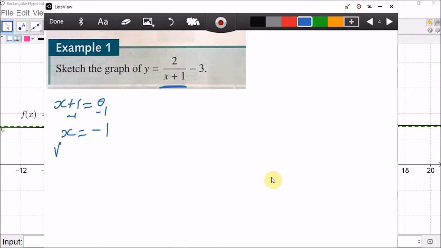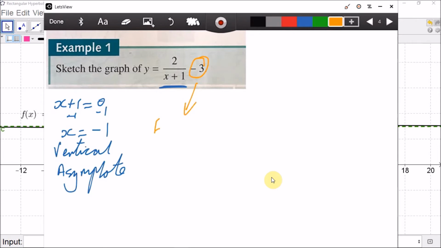And so that's our vertical asymptote. We've then got this minus 3 on the end, and that is our horizontal asymptote, and that's y equals -3.